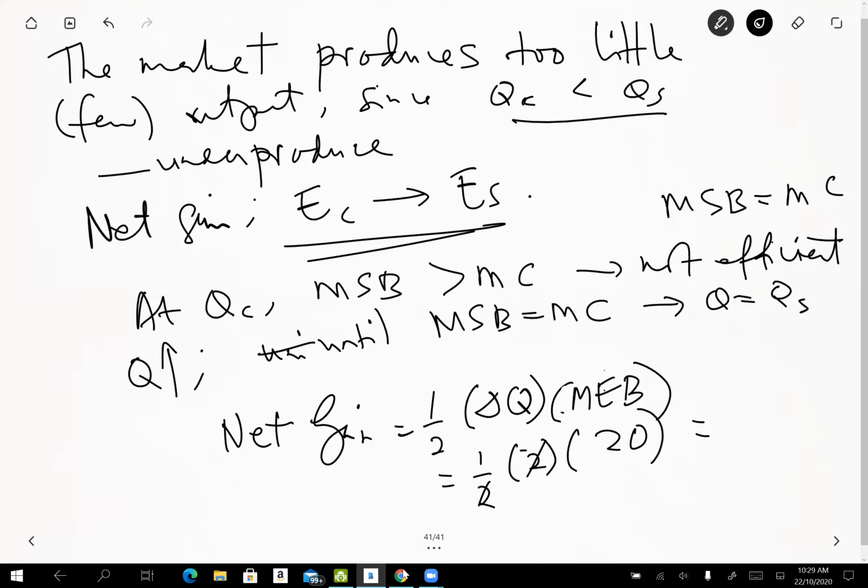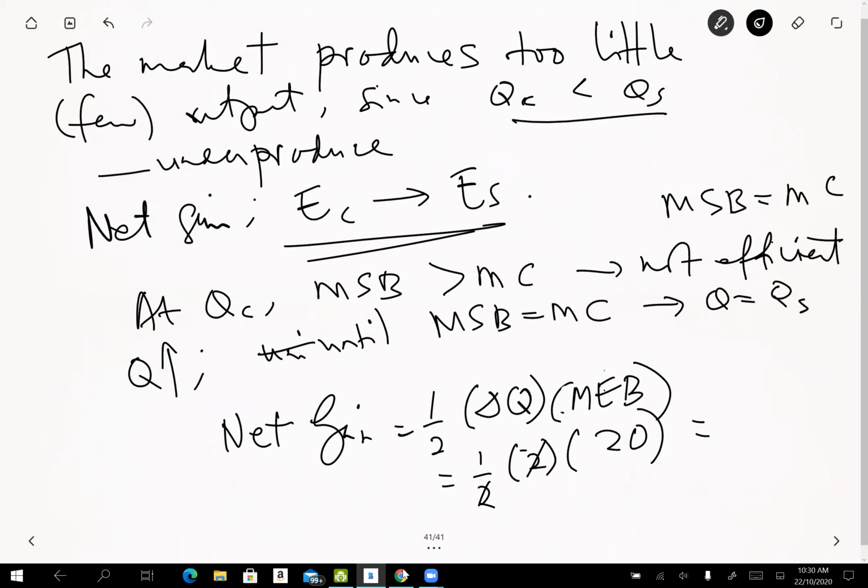The difference at any point, okay, any point, because here you assume the MEB is a constant. So here the point is given at QC, where Q equal to 10, you can determine the MEB because that is the difference between the MSB and the MC, which is 45 minus 25.